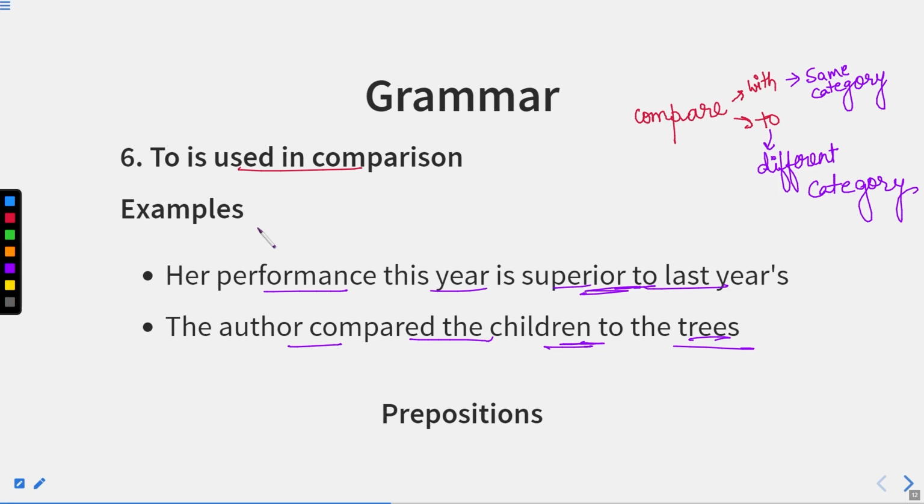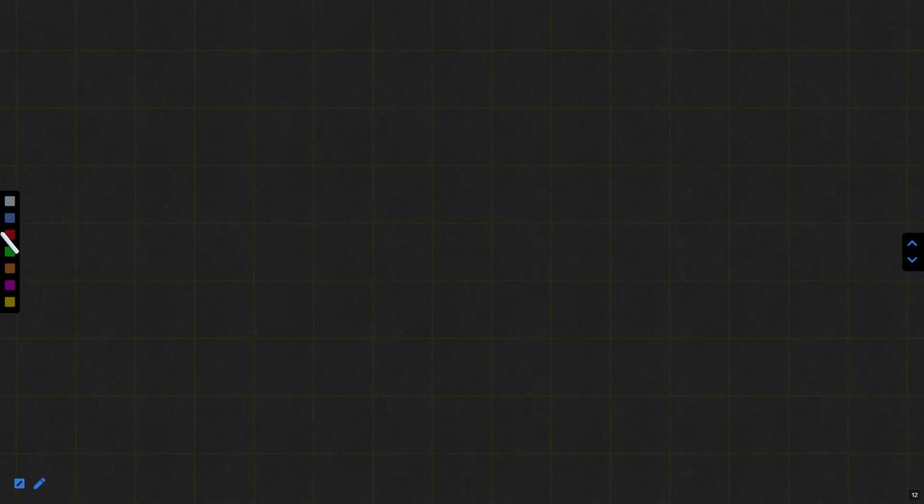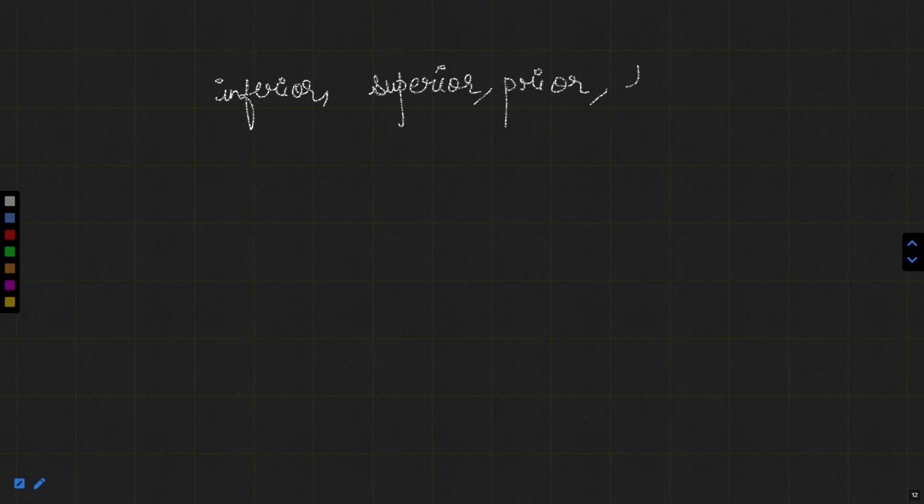One more thing is there. Whenever we talk about some words, let me tell you. Words like inferior, superior, prior, prefer, and also preferable.